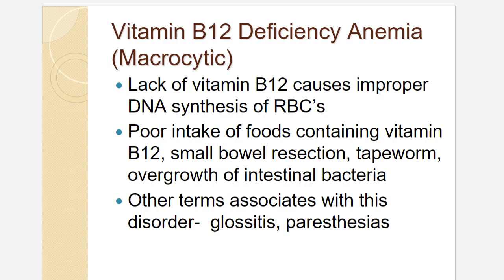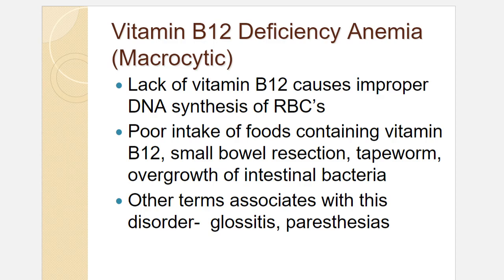So what happens is the precursor cells improperly increase in size, and only a few are released from the bone marrow. So what you get with this type of anemia is a megaloblastic anemia, or a macrocytic. It's anemia of a large size of abnormal cells. So it hasn't really fully matured, but it's large in size, and that's why we call it macrocytic.